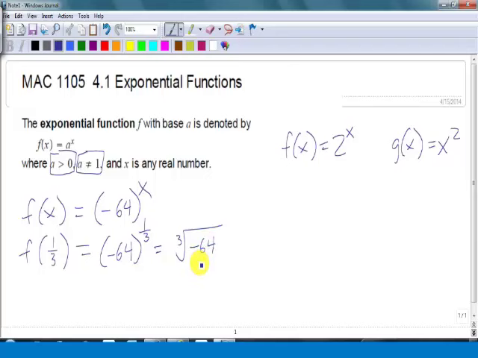So the cube root of negative 64 is a real number. Yes, what real number can you multiply by itself and by itself again and get negative 64? Negative 4 will do it. So this would not be a problem, but this would.